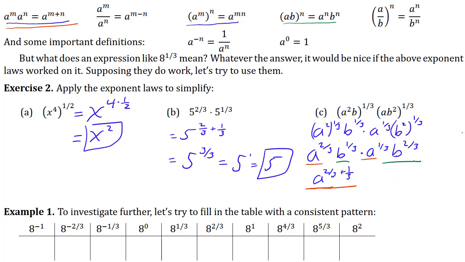Add the 1/3 plus 2/3, and you get b to that power, which is going to be 1. So 2/3 plus 1/3 is 1. So this is going to give you a to the 1, and also same thing with the b to the 1. So it's just a times b. Pretty cool.